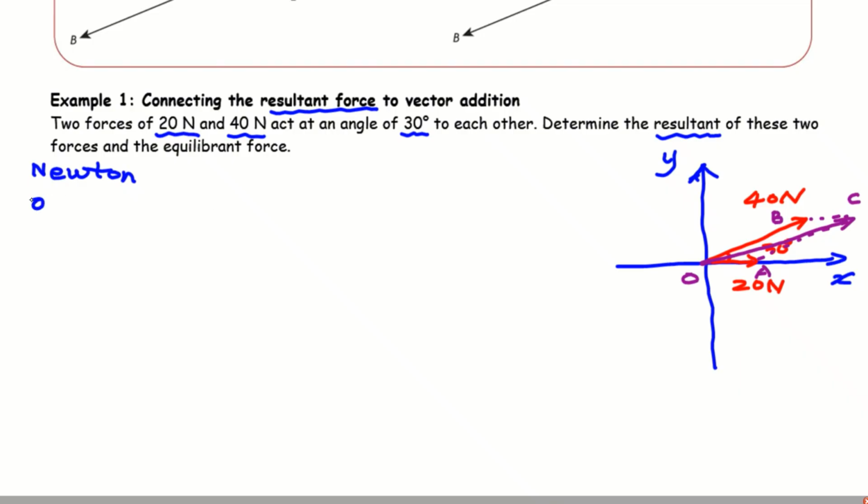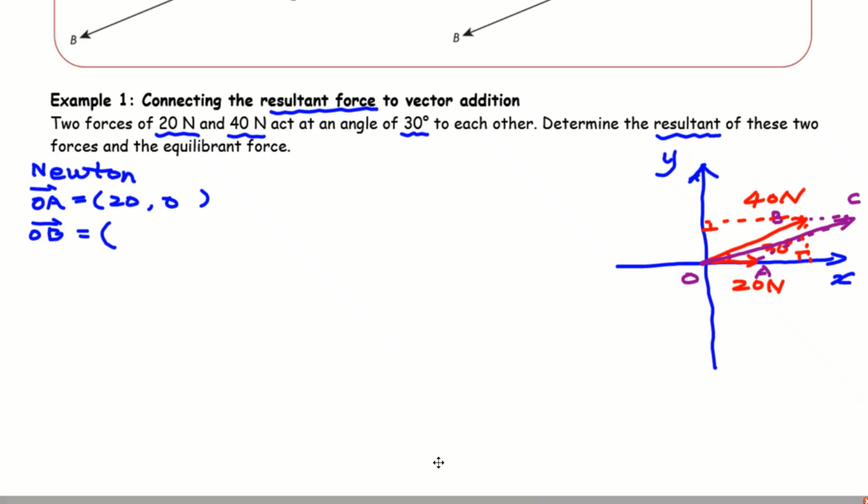So OA, we could write as a component vector. The x direction is 20, the y direction is nothing, so it's (20, 0). And for OB, we want to find the x component and also the y component.